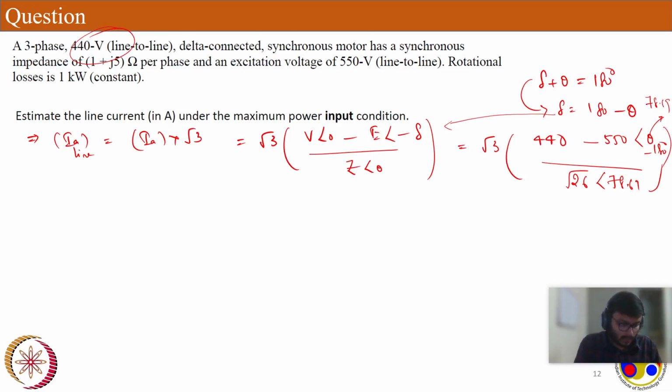Root 3 into 440 minus 550 at an angle. Theta is how much? 78.69 minus 180, divided by Z at an angle of theta. Z is equal to under root 26, which is 5.099, at an angle theta again 78.69.